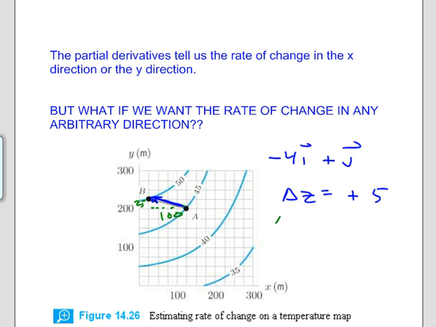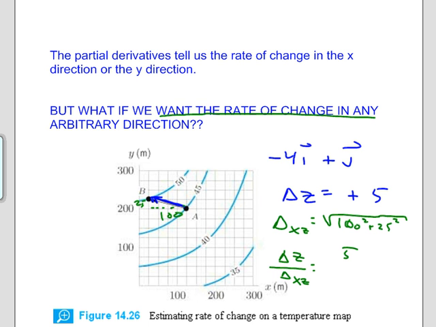So my change in the xy direction was square root of 100 squared plus 25 squared. So my rate of change, the change in z over my change in the xy direction, would be 5 over root of 100 squared plus 25 squared. And that tells me how my z value changes in that direction.